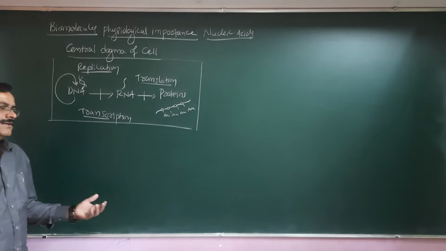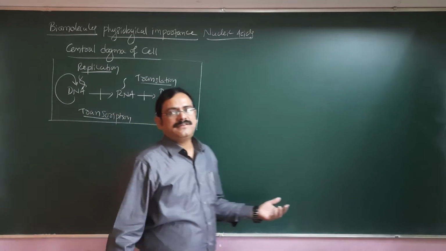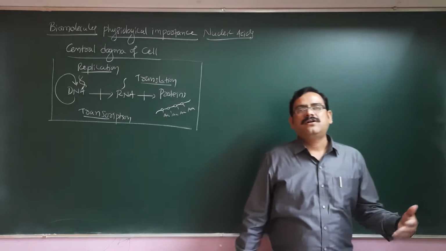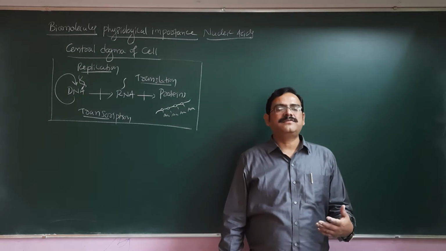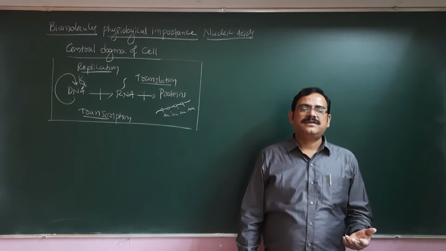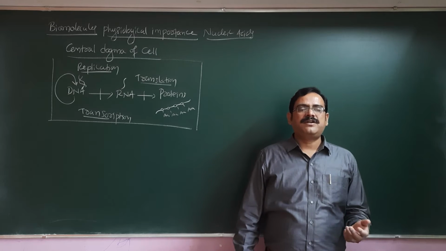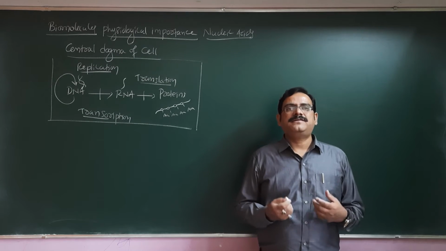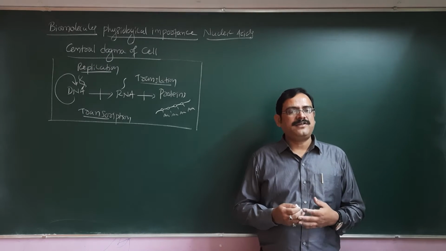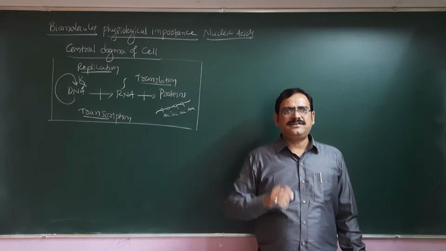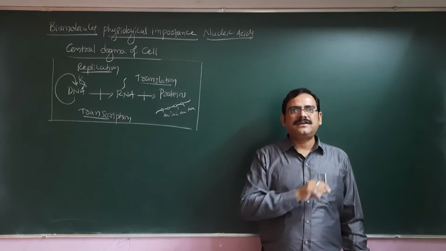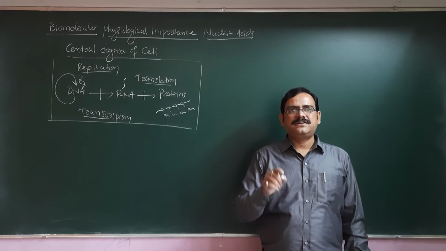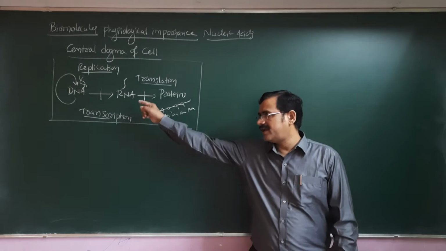Anything that happens in the body, like increase in height, growth or formation of particular tissues, requires protein. For growth protein is required, for metabolism enzymes are required, for immunity or defense mainly the antibodies are required. For all this, where is the instruction coming from? The instruction or command is coming from the DNA.